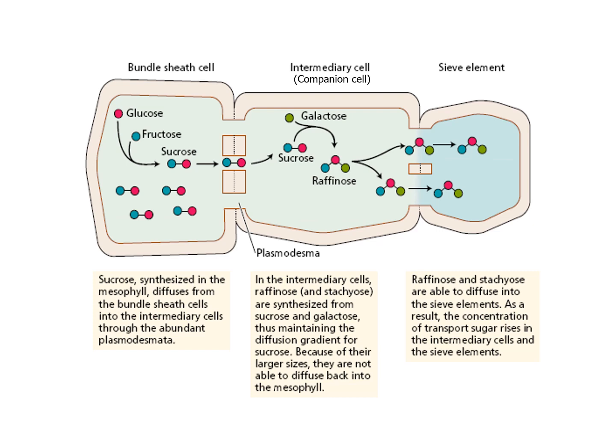Sucrose can continue to diffuse into the intermediary cell or the companion cell because its synthesis in the mesophyll and its utilization in the companion cell or intermediary cell maintain the concentration gradient.